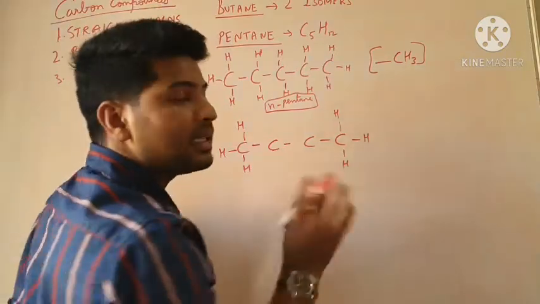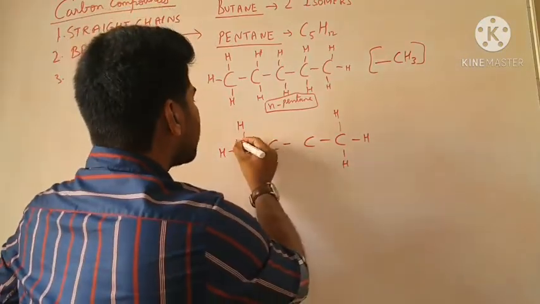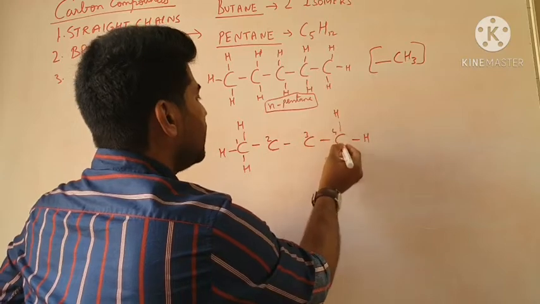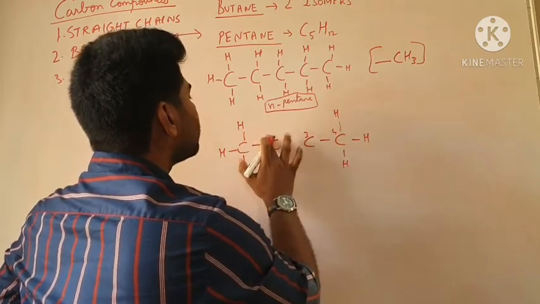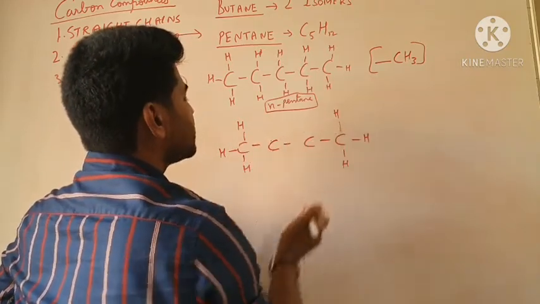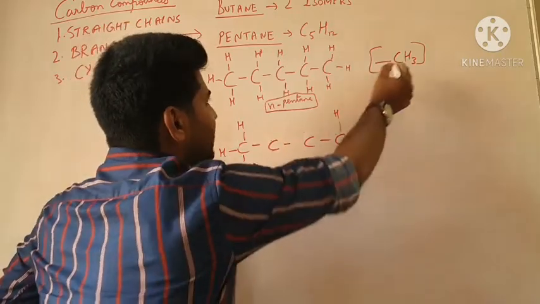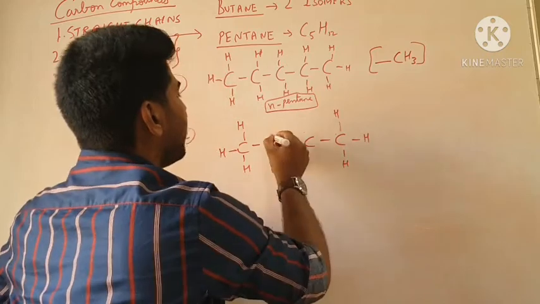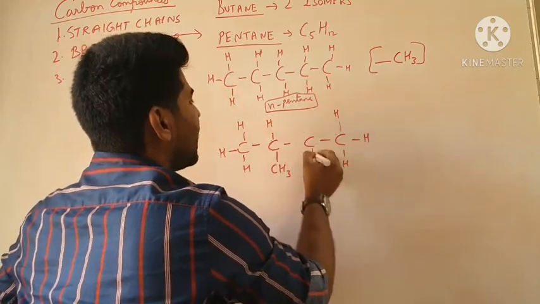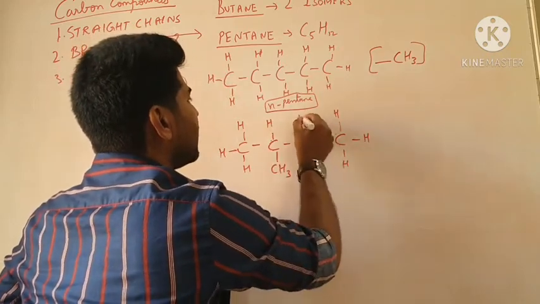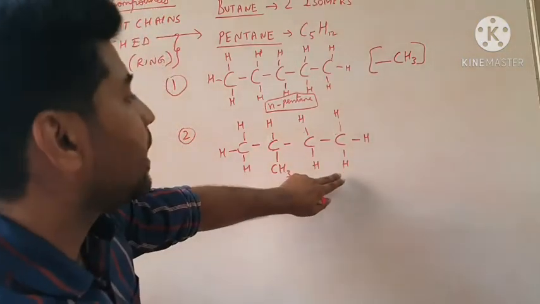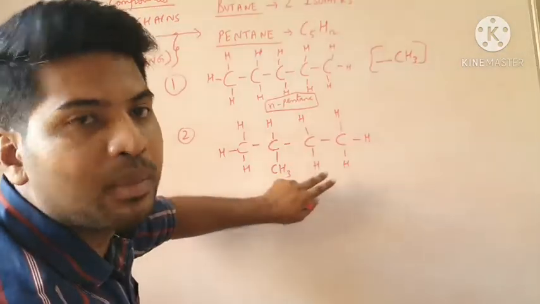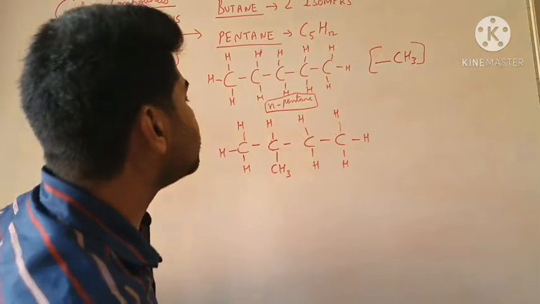Both would be exactly the same because if you number it from here, it would be 1, 2, 3, 4, and if you number it from here, it would also be 1, 2, 3, 4. So it doesn't really make a difference. So I am adding this CH3 group here and adding up the valencies with hydrogen. This would be a possible isomer for pentane.